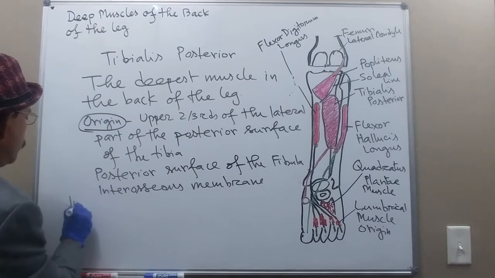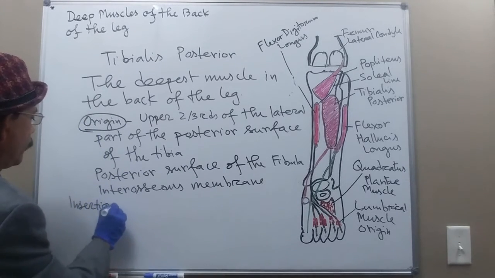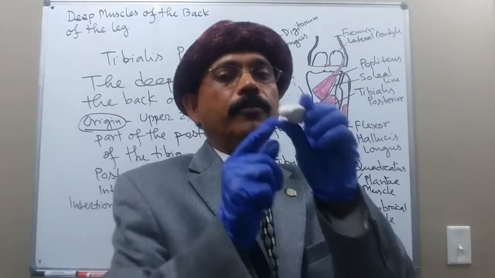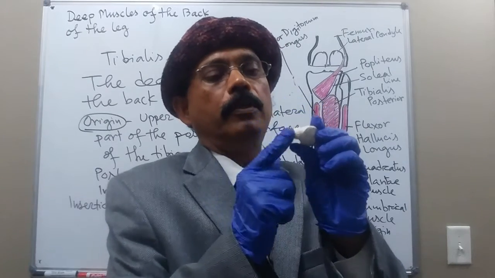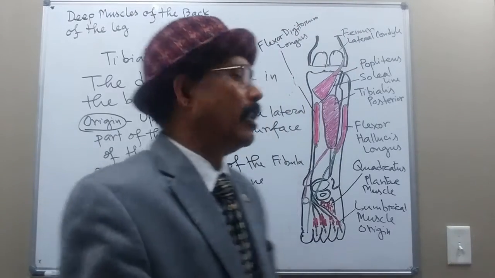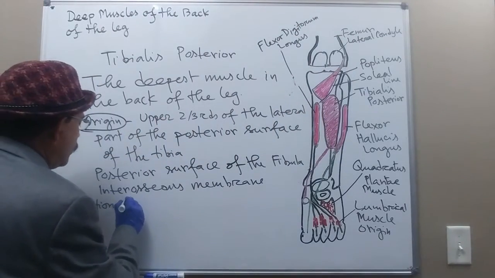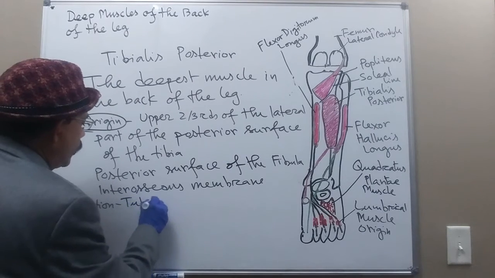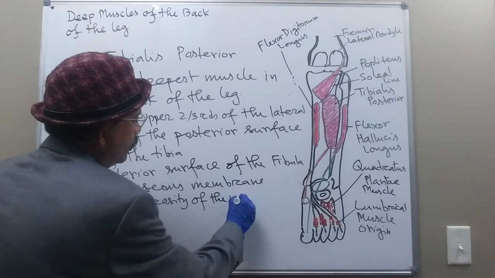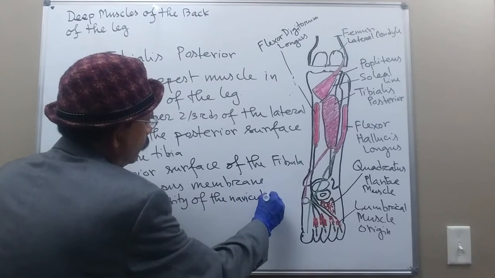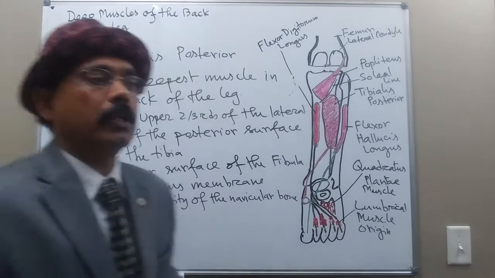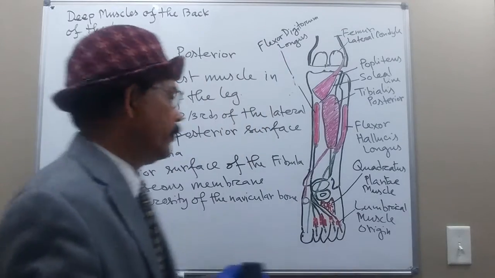We'll go to the insertion. Most important insertion is to the tuberosity of the navicular bone. But this is not the only insertion, it is a multiple insertion. Then all the tarsal bones except the talus.